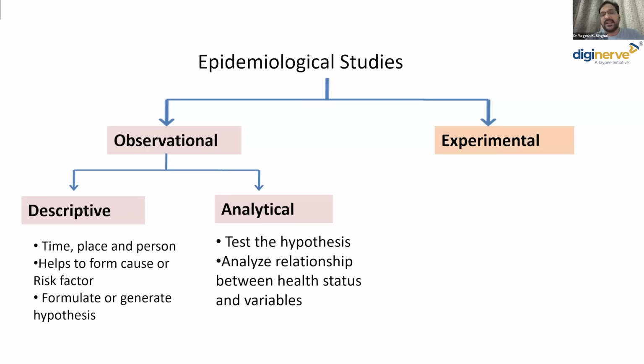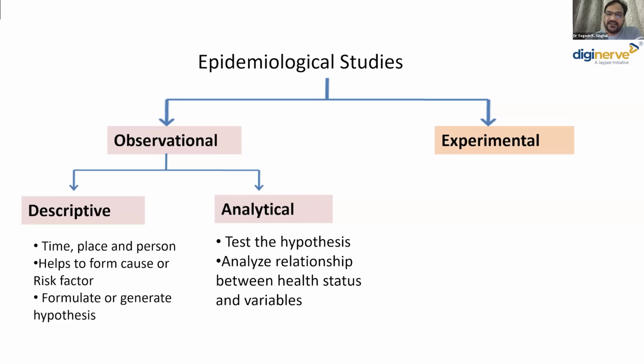So this will be our formulation of hypothesis. Now in analytical studies, we analyze the hypothesis that we made in descriptive epidemiology. Analysis means testing the hypothesis, which is data analysis. We apply some tests, and whatever hypothesis we made in the descriptive study is tested by the analytical studies.